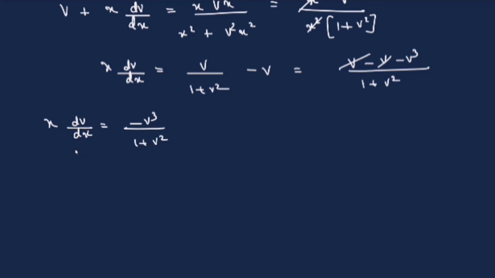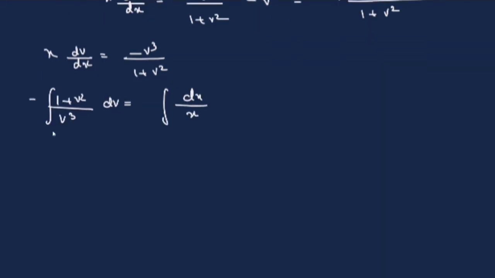Now you integrate this. So how do you integrate this? Separate the variables. So (1 plus v square) by v cube dv, with the minus, is integration of dx by x. So here x into dv by dx is equal to minus v cube by 1 plus v square.